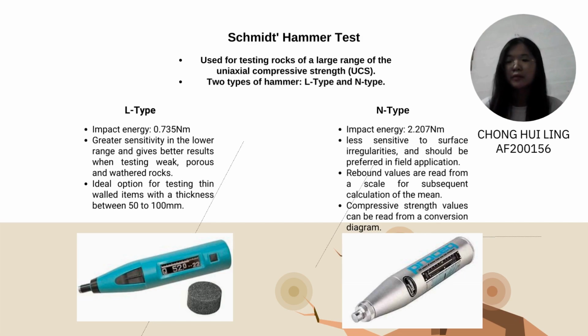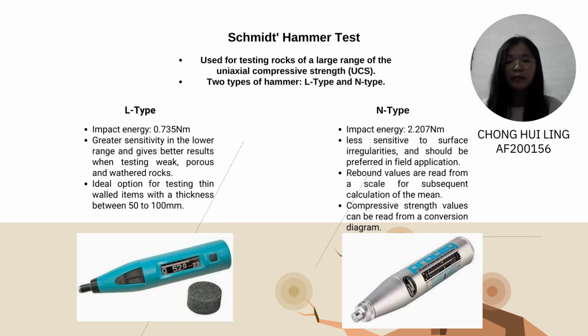It is an ideal option for testing work items with a thickness between 50 to 100 mm. For the N-type hammer, its impact energy is 2.207 Newton meter, and it is less sensitive to surface irregularity and should be preferred in field application.